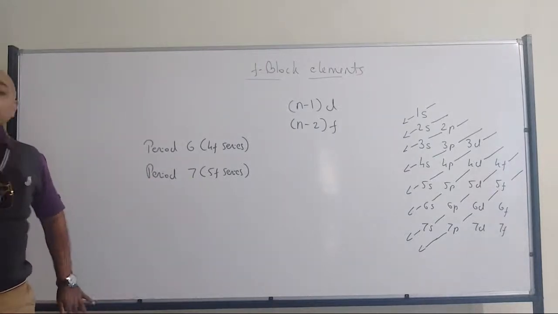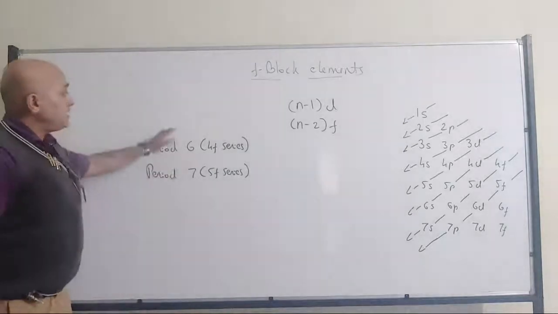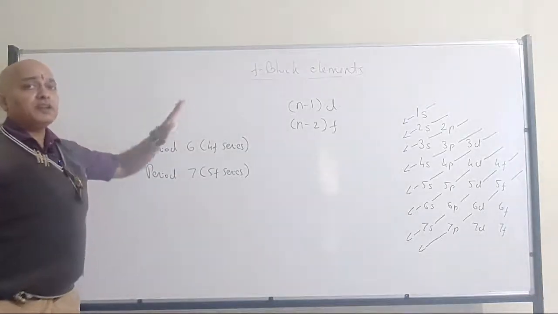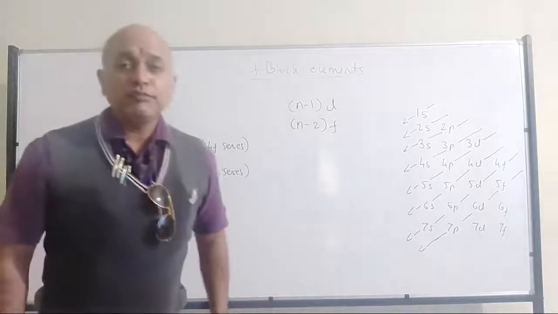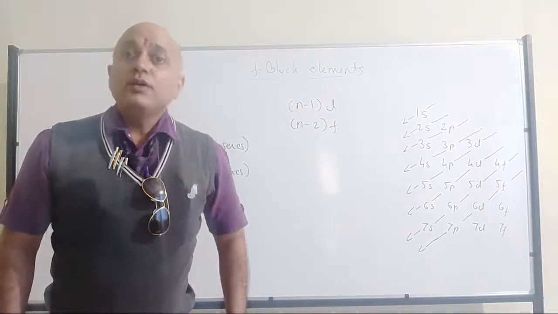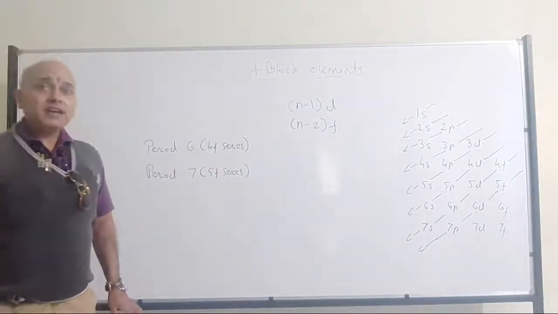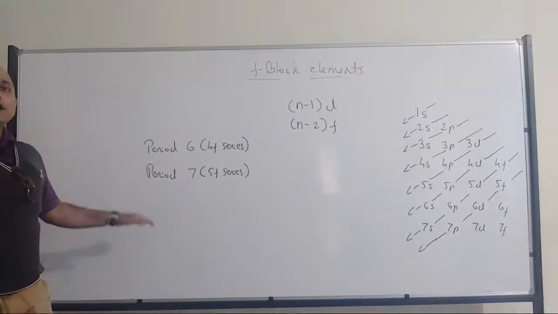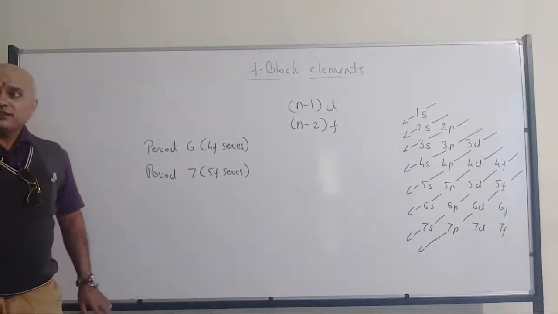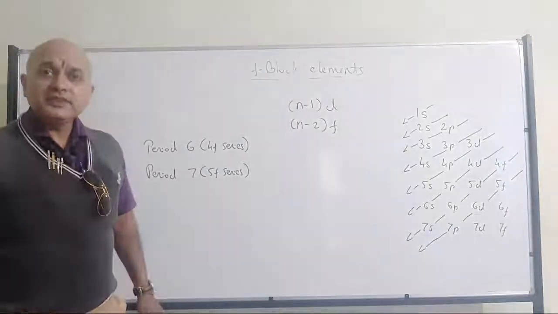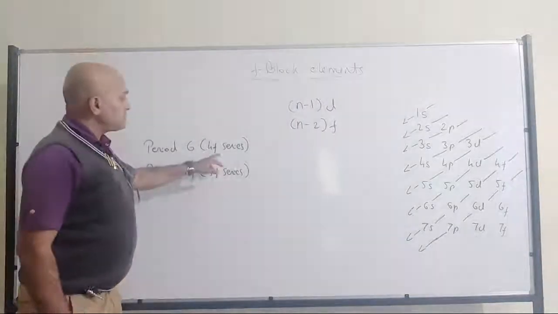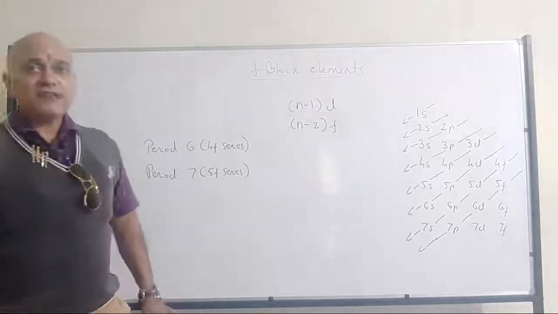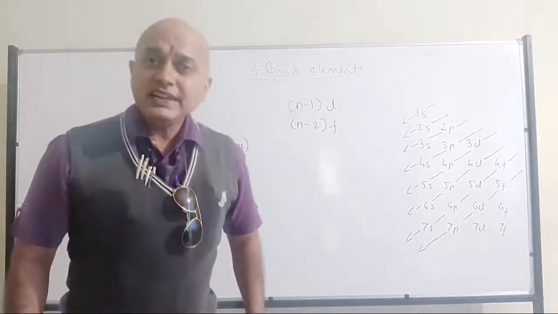We don't have F block elements in period number 5, period number 4 and so on. Only at period 6 and period 7 at present we have the F block elements, because we don't have period 8. So we have only the 4f series and 5f series F block elements. Any doubt?